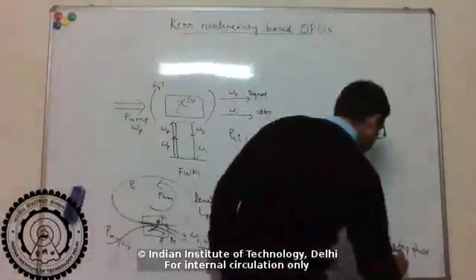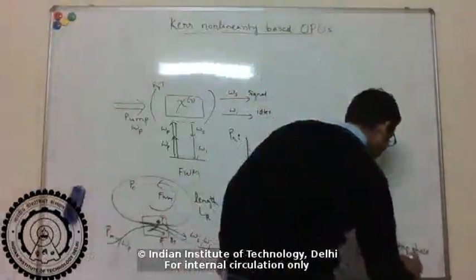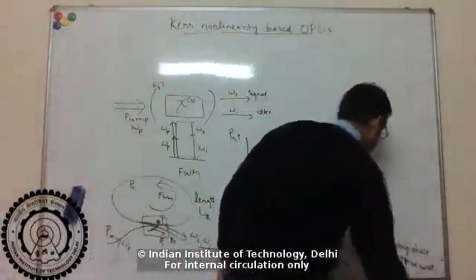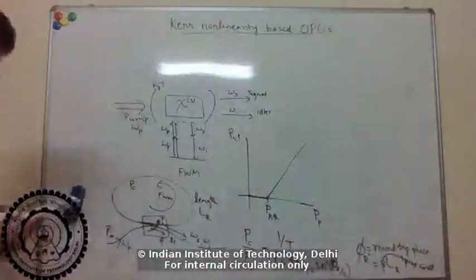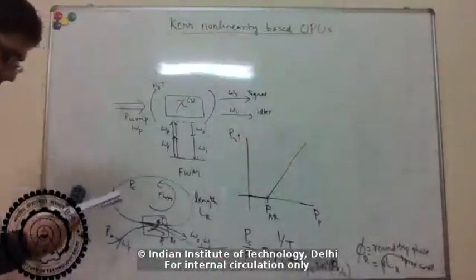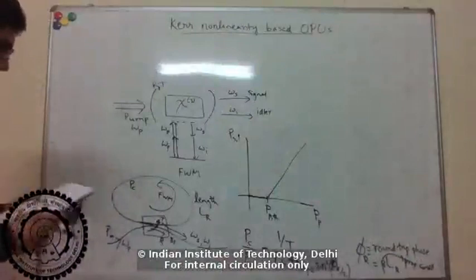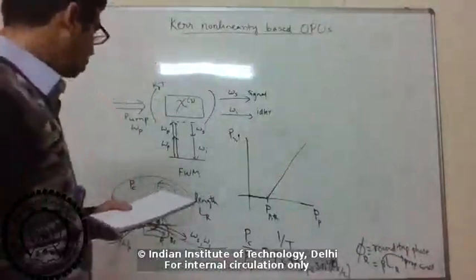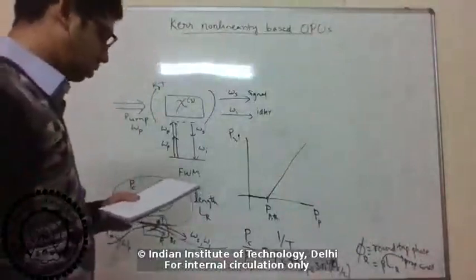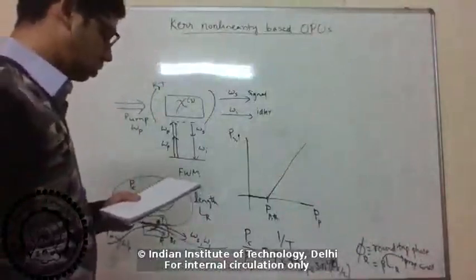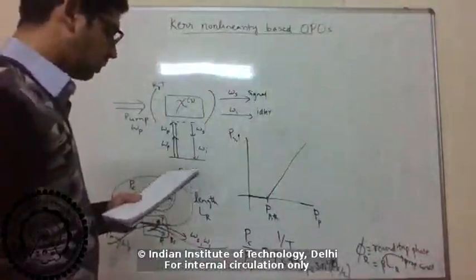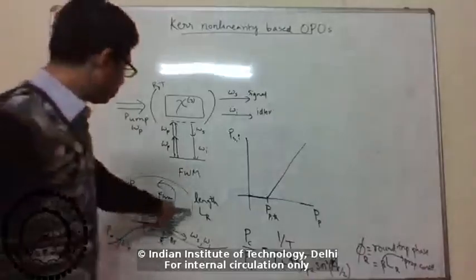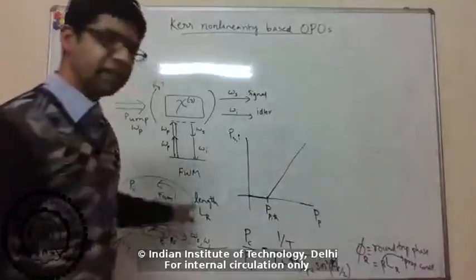So this is the propagation constant, and L_R is the round trip length of this cavity.